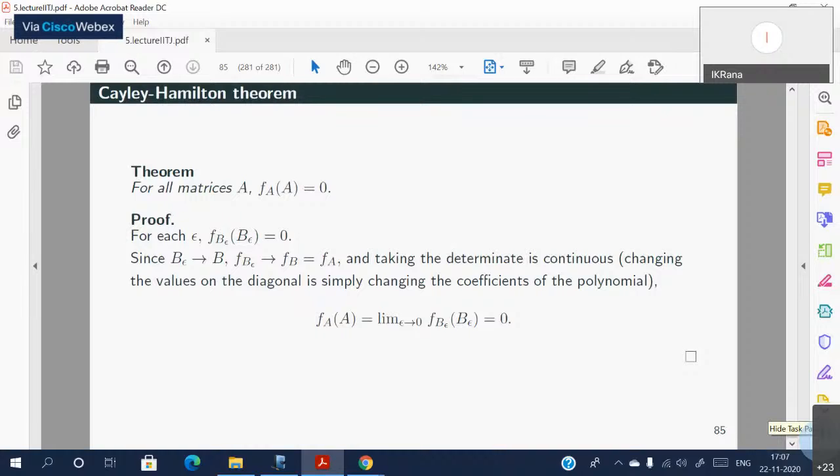We have quickly gone through diagonalizability of matrices, and we have shown that matrices are diagonalizable if and only if there is a basis consisting of eigenvectors. That is a necessary and sufficient condition, and for real symmetric matrices this always happens.